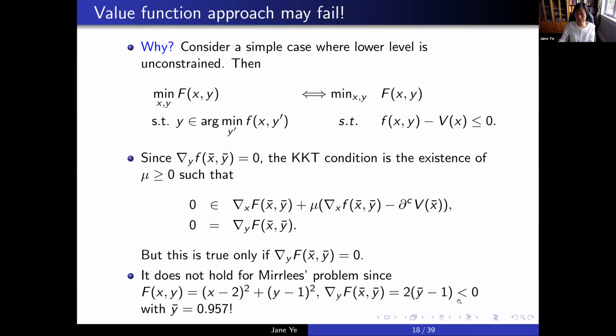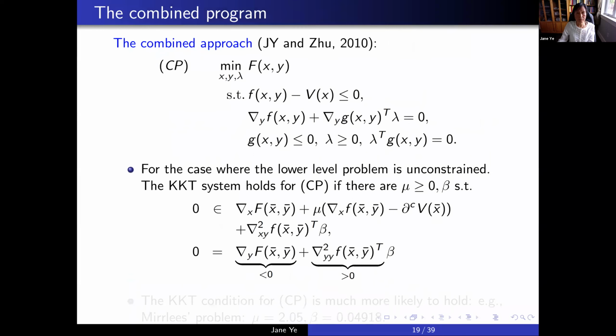So this is a negative number. So it cannot be equal to 0. Okay, so this is an observation, right? This observation tells us this KKT condition by using the value function approach is kind of strong.